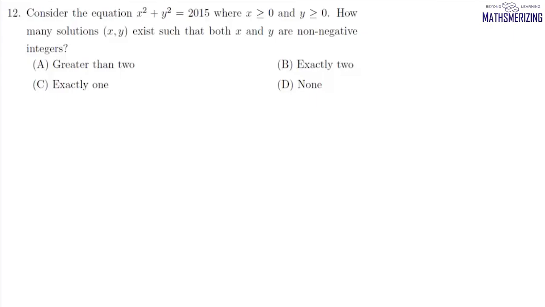Now here the question is, consider the equation x square plus y square equals 2015, where x is greater than or equal to 0 and y is also greater than or equal to 0. How many solutions x and y exist such that both x and y are non-negative integers? So we have x and y which are non-negative integers.